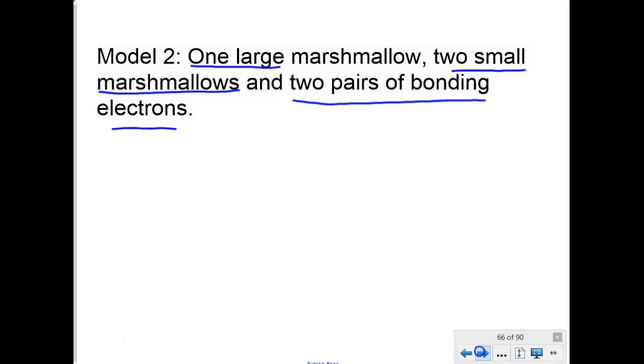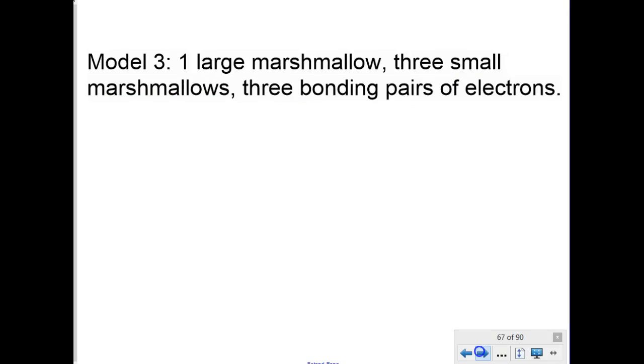It is also a linear molecule. In your next model, one large marshmallow, 3 small marshmallows, 3 bonding pairs of electrons. Go.